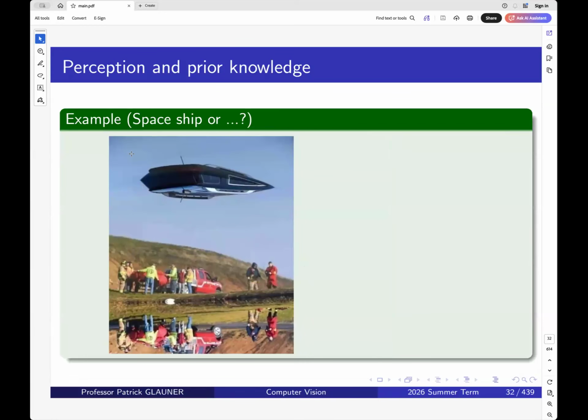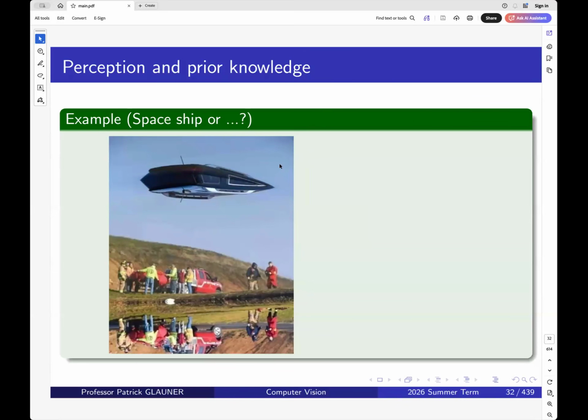This looks like, I don't know, a spaceship, and you see humans here, but also some reflection of humans. If you have looked at the slide before, you will see what the solution is. But first of all, you don't get much out of it. Whatever this is, maybe a spaceship or something different.